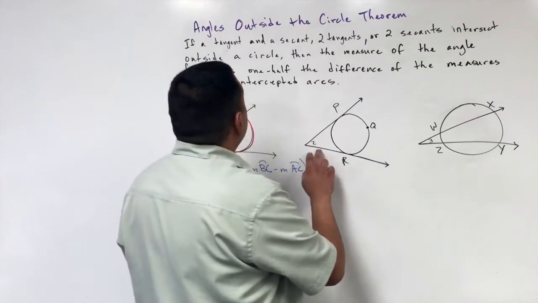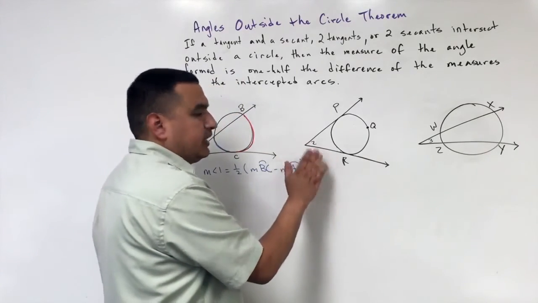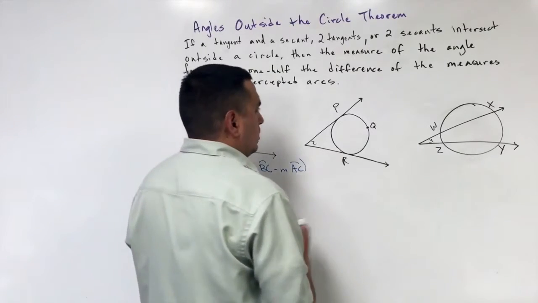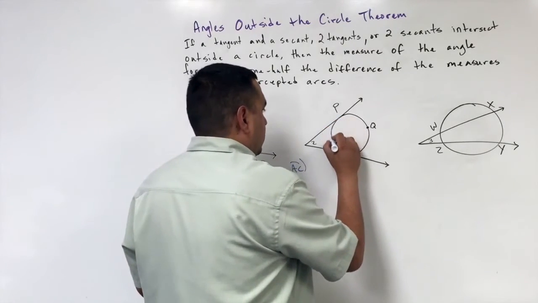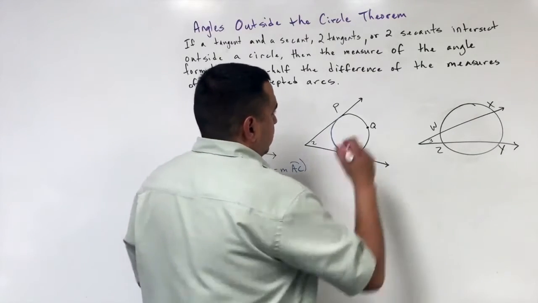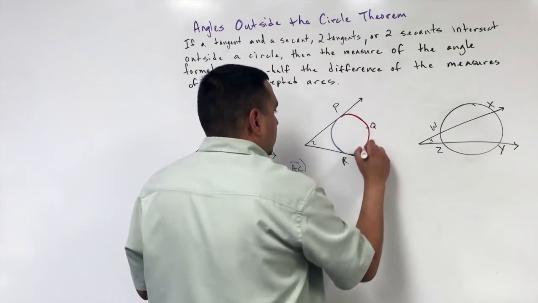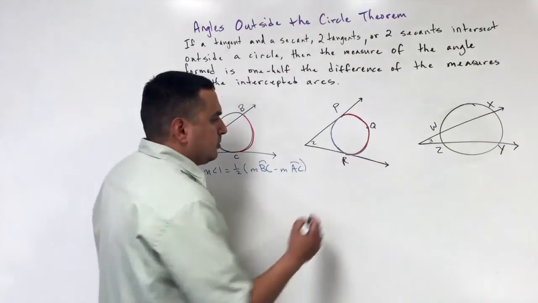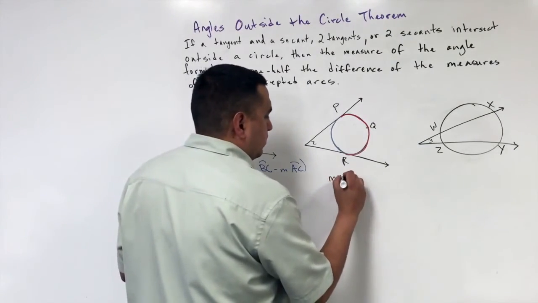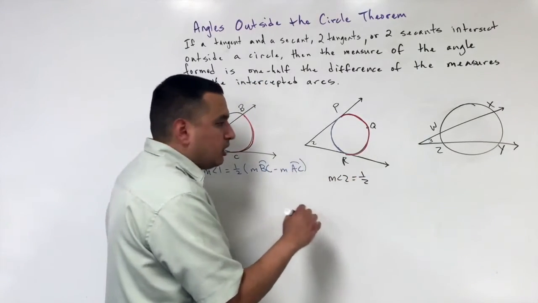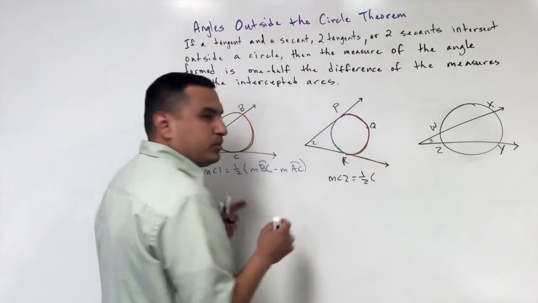Now for angle 2, with two tangents, I have two arcs. Again, I have this arc PR, and then I have this arc here, PQR. So again, the measure of angle 2 is going to equal 1/2 the difference of the intercepted arcs. So I'm still subtracting.